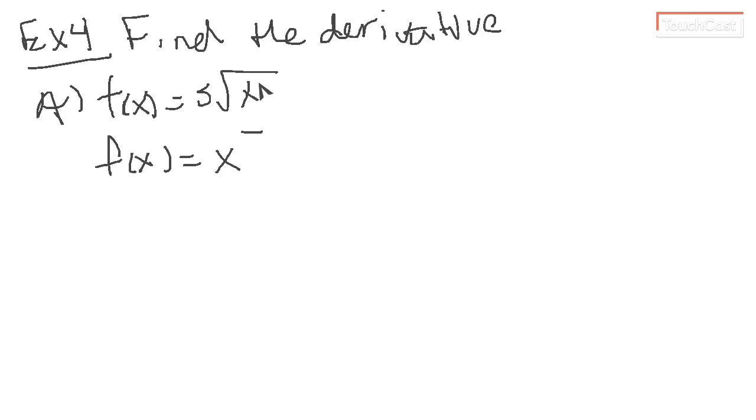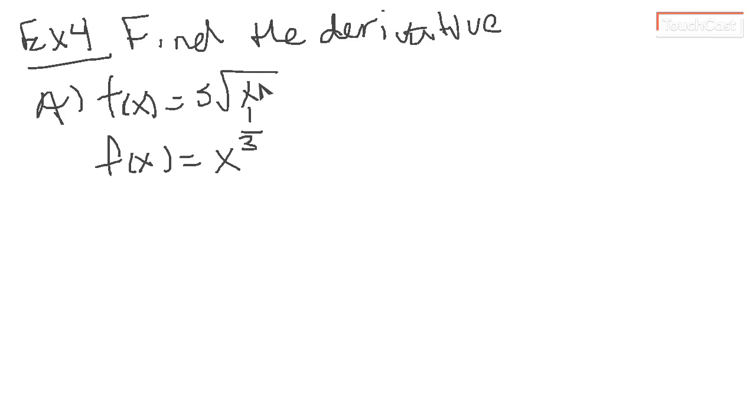So the numerator of our rational exponent is going to be a 1. The denominator is whatever the radical is. This radical is a cube root, so that means the denominator of our exponent is going to be a 3. So the cube root of x is the same as x to the 1/3.